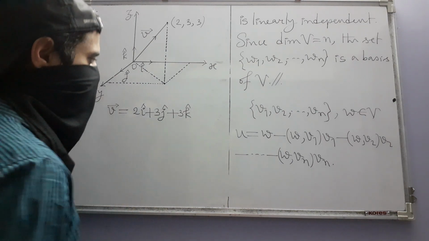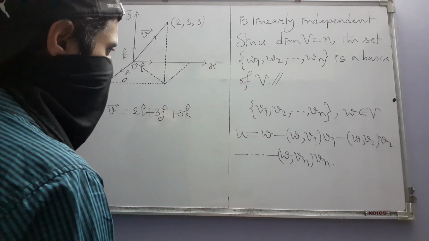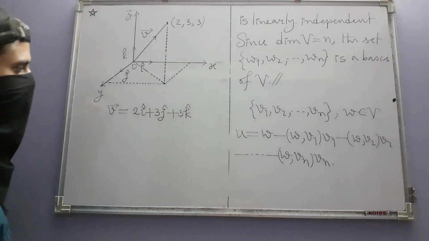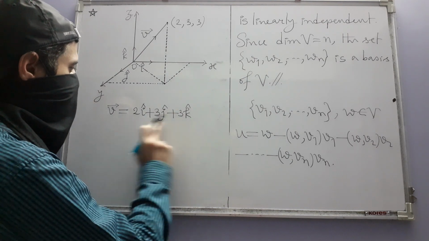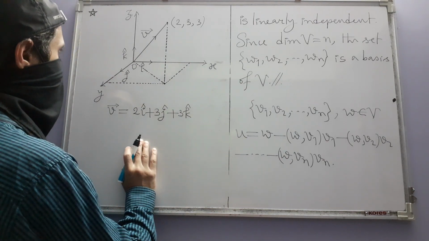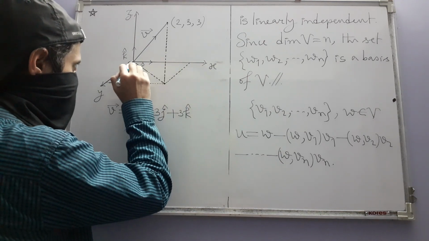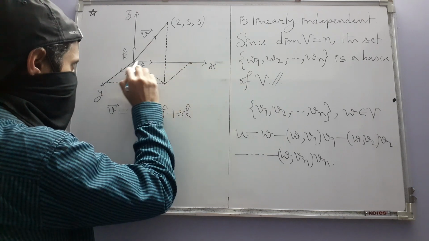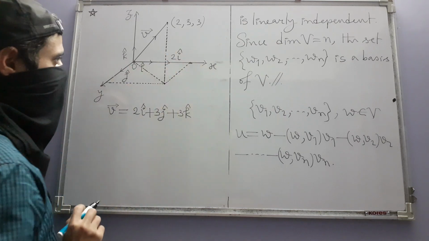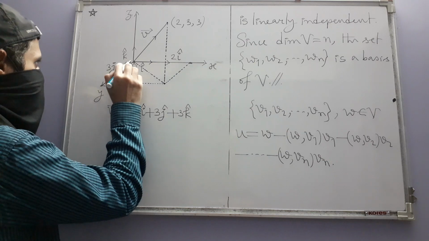So if you want to find a vector that is, say, perpendicular to 2i plus 3j, just simply saying, okay, so what is 2i plus 3j? If you look at this figure, then this vector which starts from here and ends here, that is 2i cap, and 3j is this much.